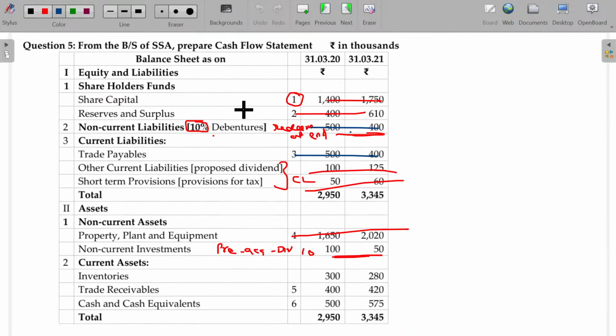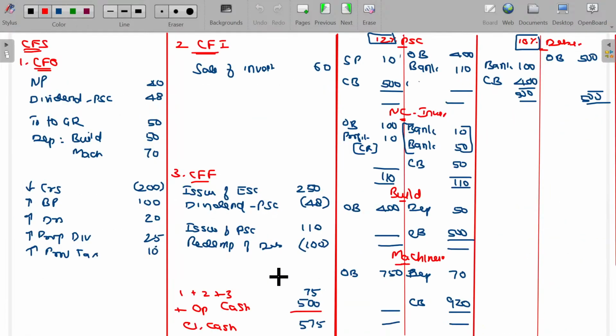Then inventories: 300 becomes 280. Decrease in inventory, 20 rupees decreases. Maybe you may have this cash in your hand. Now finally, 10 percentage interest may be payable on 500, 10 percentage, 50.